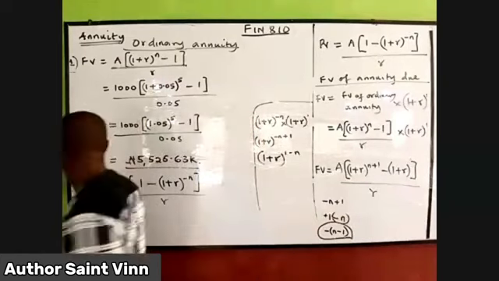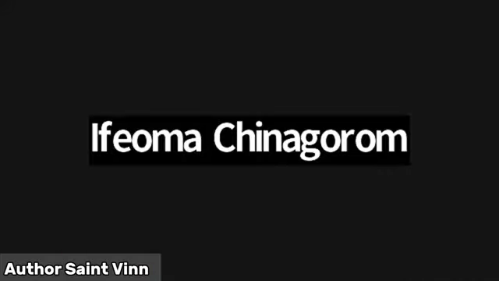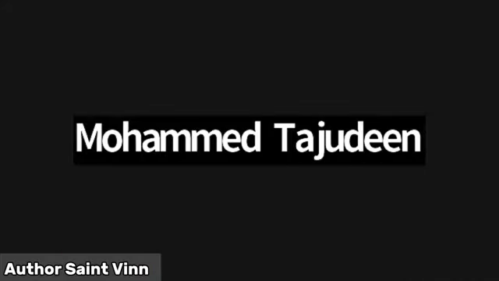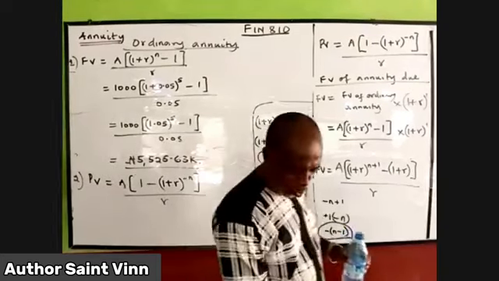Apply the formula. Our A is 500, our r is 4%, and the answer becomes 2,225.91. Well done.